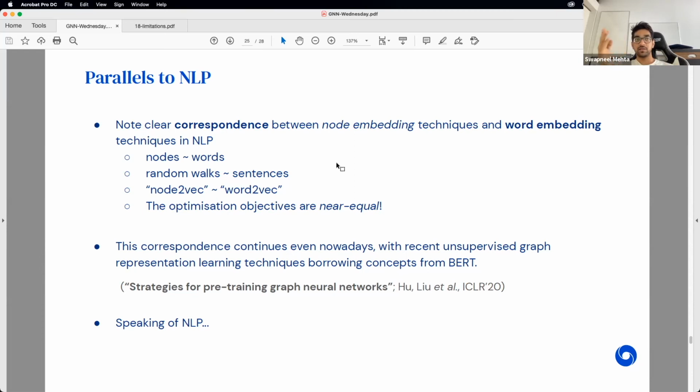And then finally, you have these optimization objectives, which are almost the same, which means in NLP, you want to explore these relationships between words. You want to predict the next word, where it fits, which ties into this link prediction task. You want to classify sentences, the sentiments of sentences, which ties into this graph level objective.